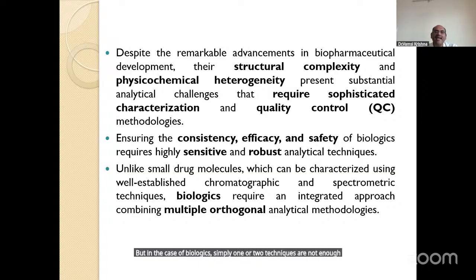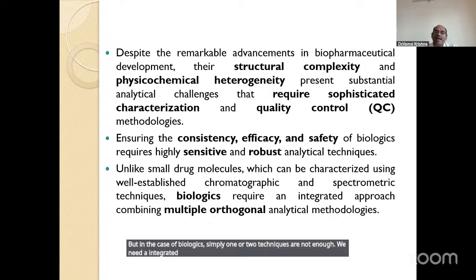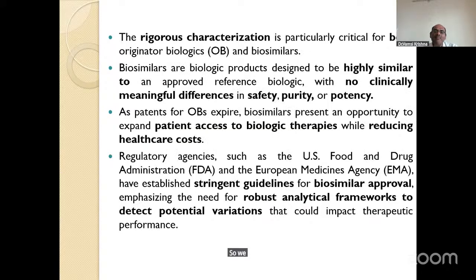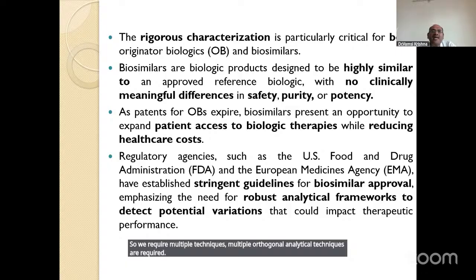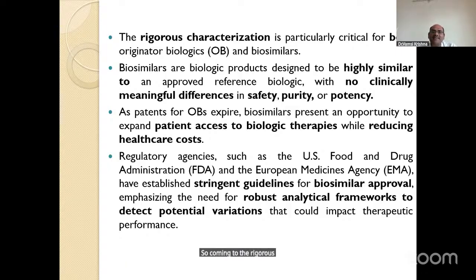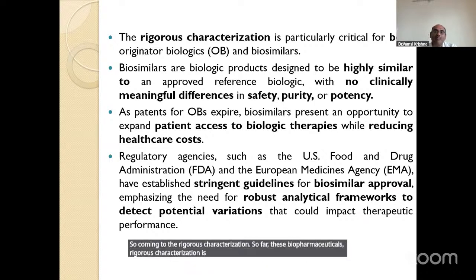We need an integrated approach combining multiple orthogonal analytical technologies. We will see these in the future slides. So multiple orthogonal analytical techniques are required. Coming to rigorous characterization, for these biopharmaceuticals, rigorous characterization is critical for both originator biologics and biosimilars.